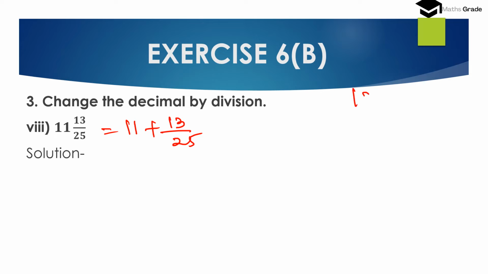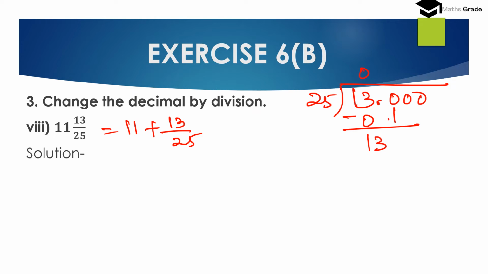So we can write 13 as 13.00 and divide by 25. In the table of 25, if we multiply 25 with 1, it is 25, which is more than 13. So we have to multiply 25 with 0. Now 25 multiplied with 0 is 0. Now 13 minus 0 is 13, and write this 0 here. Now put the decimal point.